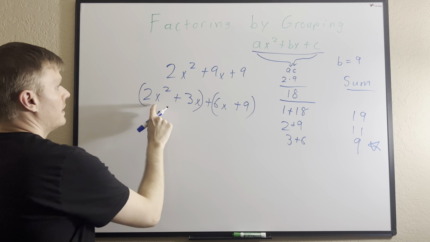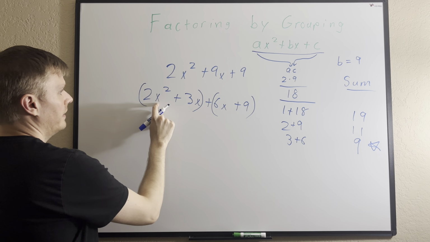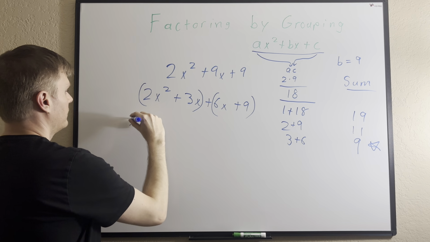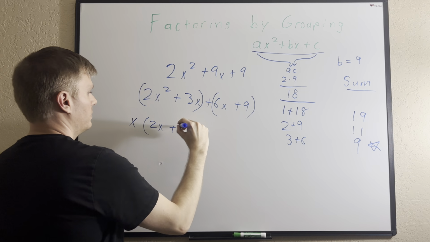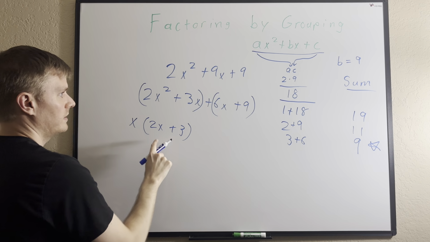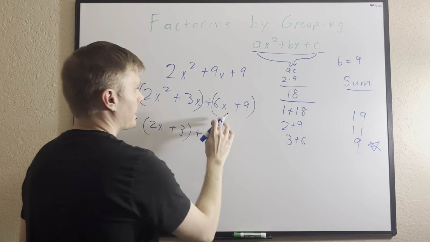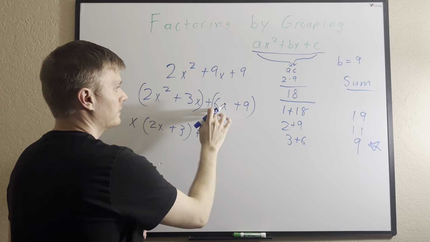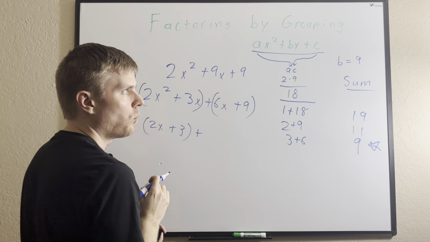See? So what's the greatest common factor of this? They have an x in common. That's it. x times 2x plus 3. Can't factor that anymore. 6x plus 9. Greatest common factor again.